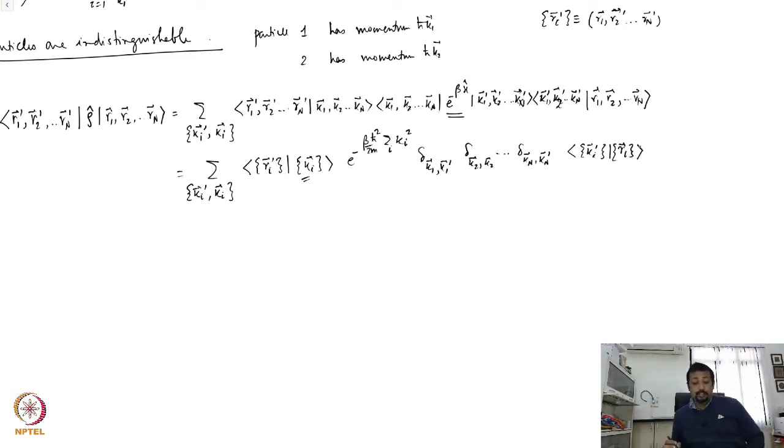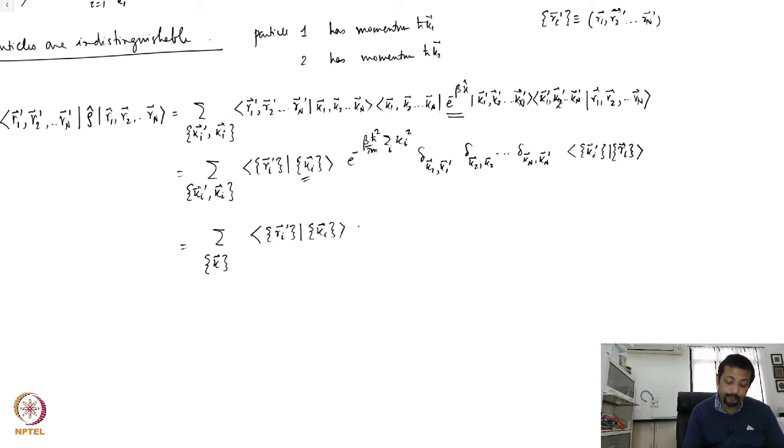So one can just do the sum over the delta function, then I'll be left with, let's say, the sum over k. I will have ⟨ri'|ki⟩ e to the power minus β ħ² sum over i ki², and then I have ⟨ki|ri⟩. So this is the sum over k.